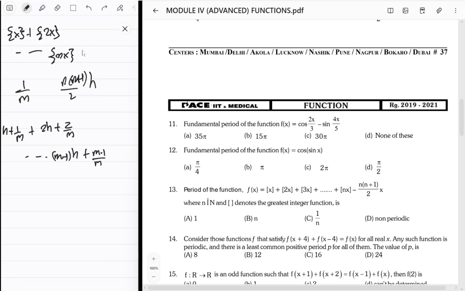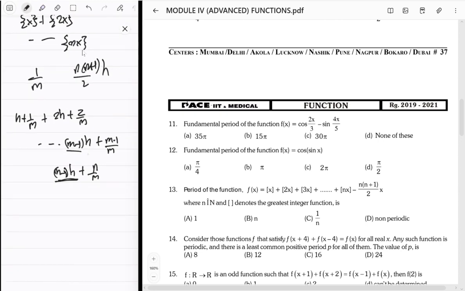So it just keeps on going, huh? You're finally going to have n upon m and then (n minus 1) h plus this. If m is equal to n, then this thing is just equal to this guy. Okay, that makes sense. This is still there, so no big deal about that. Got h plus 2h and so on, right? So cool.